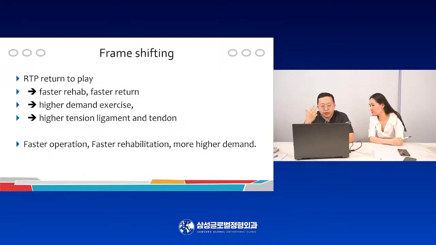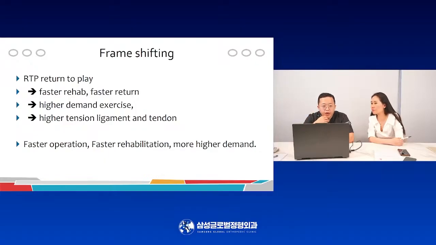The concept is shifting from trauma to degeneration nowadays. Many orthopedic doctors study degeneration and how to keep function much better, because there are a lot more sports people than before.